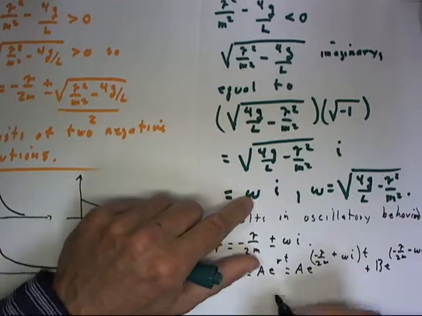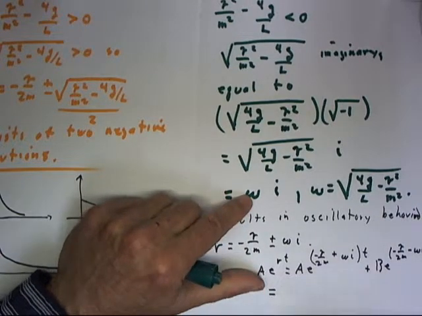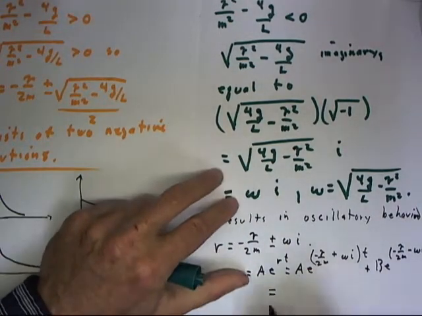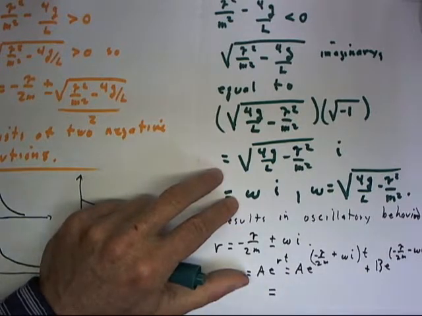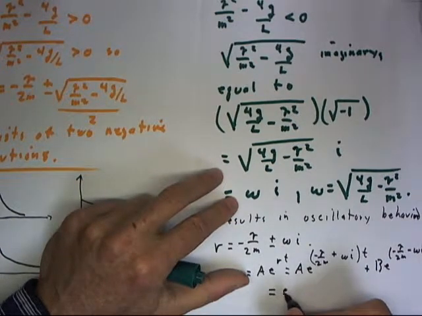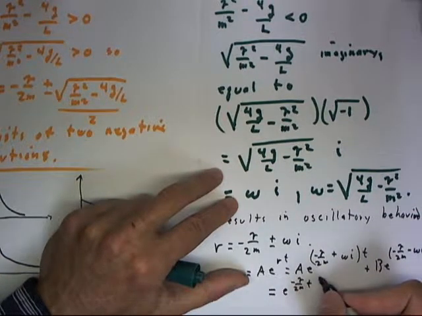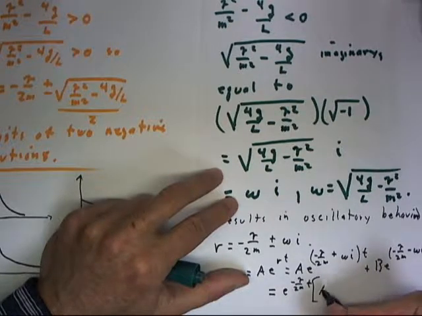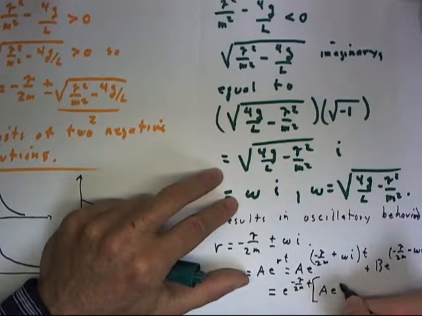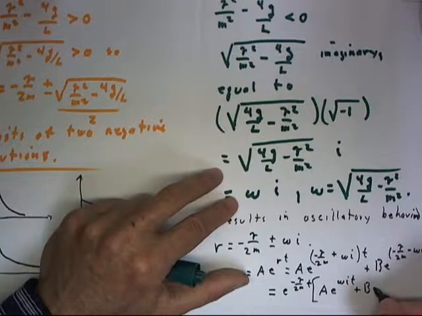It's straightforward to use the laws of exponents to show that this solution becomes just e to the negative gamma over 2m times t, multiplied by a e to the omega i t plus b e to the negative omega i t.